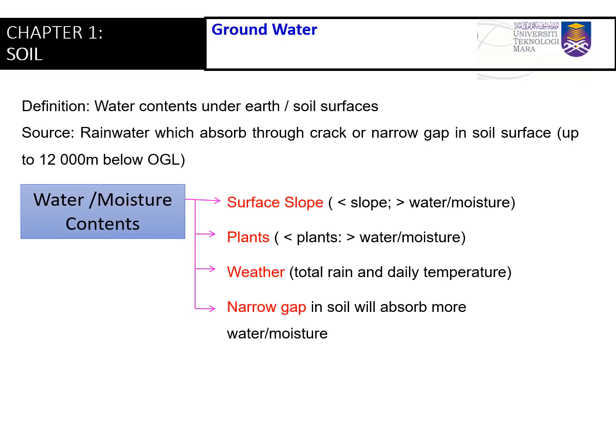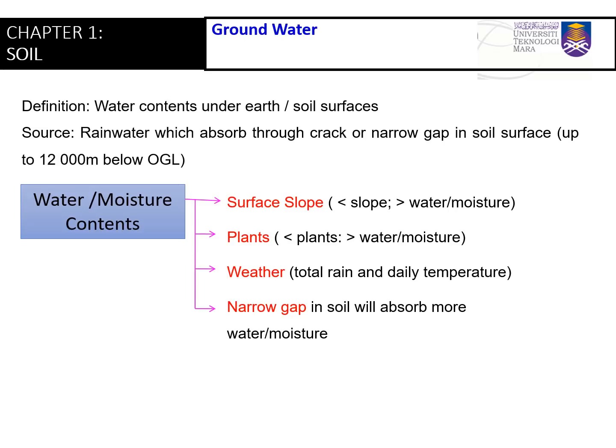So we have slopes, we have trees, like big trees, and like I said just now, the weather, and also the gap in soil. So slope, if you make a test on the slope, you will have less moisture content.